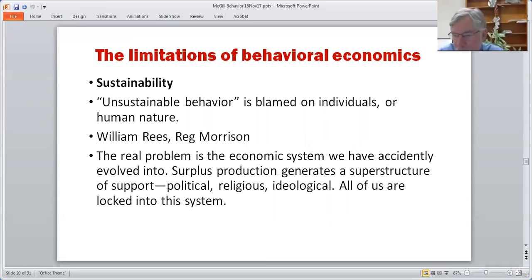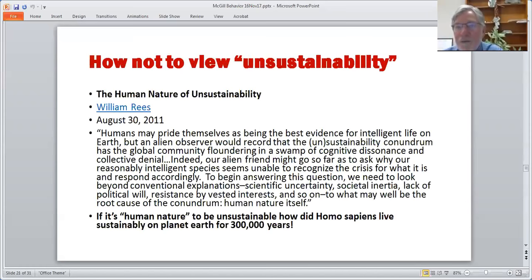I think with the adoption of agriculture, we got locked into the system of surplus production that generated this whole superstructure of support. Extreme division of labor, political and religious ideology promoting this growth and expansion. And all of us now are locked into this system. So unless we begin to address the structural nature of unsustainability, then we're really not going to get anywhere.